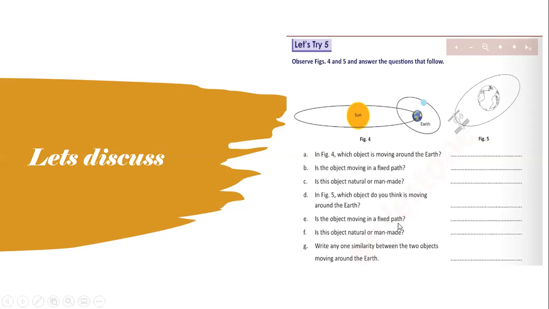Is the object moving in a fixed path? Yes. Is this object natural or man-made? This satellite is man-made. Write any one similarity between the objects moving around the earth. They move in a fixed path.